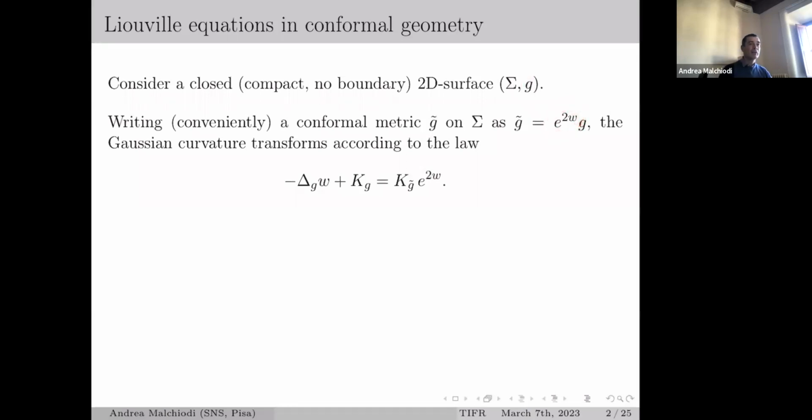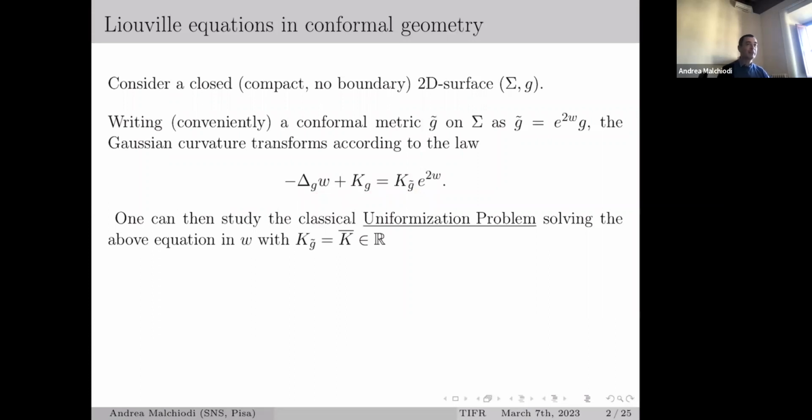And then I observe how the Gaussian curvature transforms when I conformally change the metric. So kappa G is the background Gaussian curvature, and kappa G tilde is the Gaussian curvature of the new conformal metric. And they are related by this formula, which is a Liouville type equation.